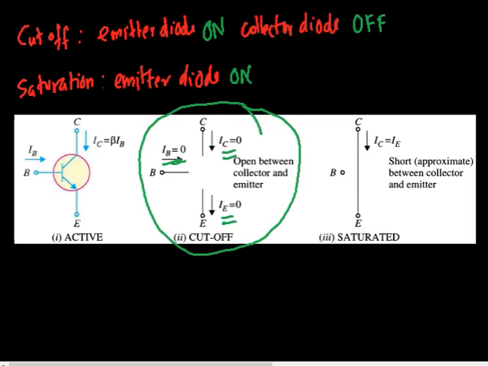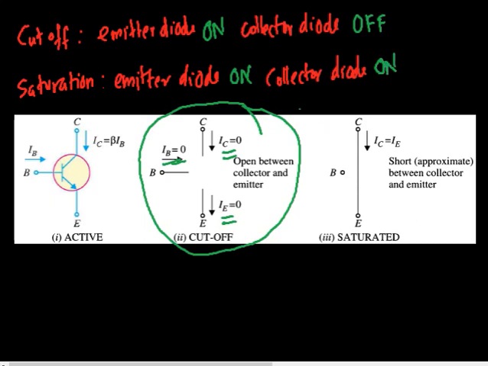But if you consider the collector diode, since the collector base junction is no longer reverse biased, it becomes on.